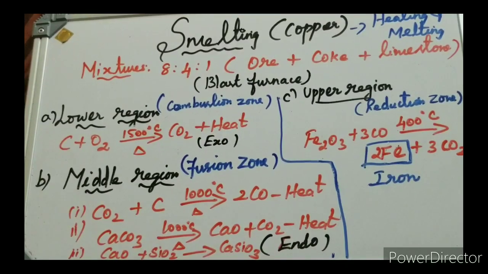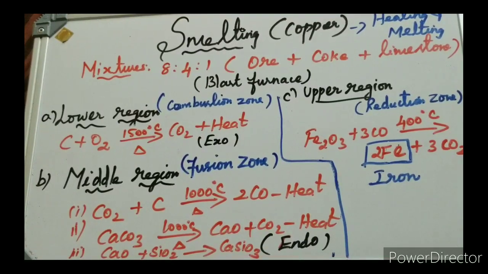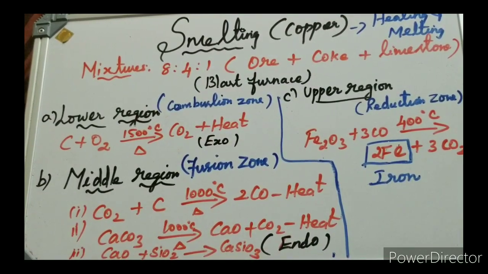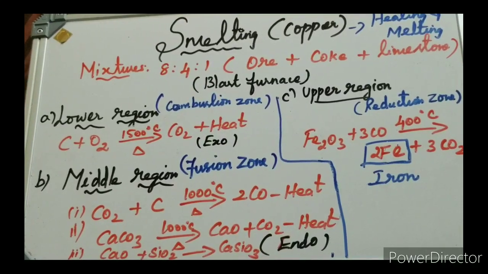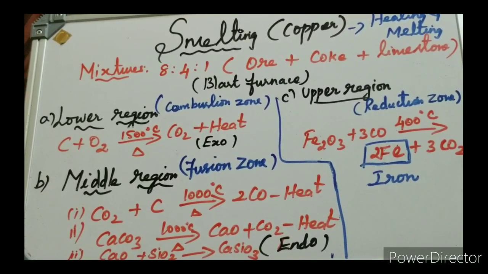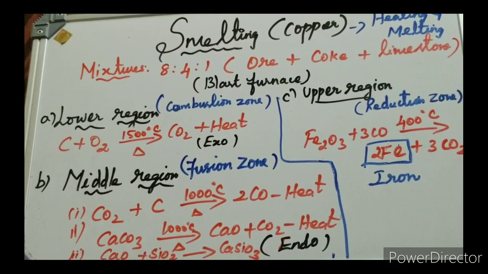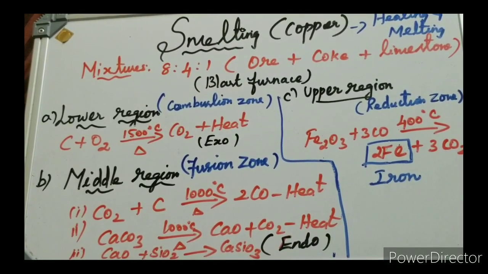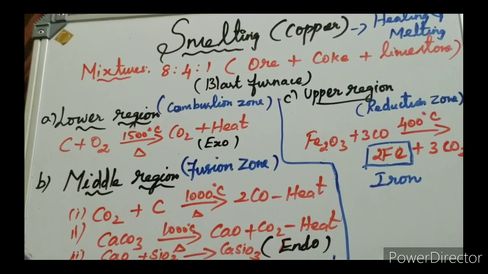In the same region, at the same temperature, another chemical reaction also takes place, that of calcium carbonate, which is nothing but limestone. Limestone decomposes into calcium oxide and carbon dioxide by the absorption of heat energy. These two reactions are endothermic due to absorption of heat.